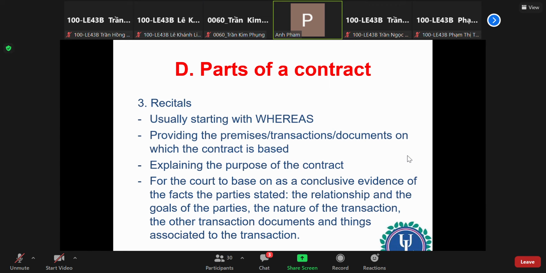If the other party failed to give me such contracts, I will look at the recital section, see which contracts I'm missing, and then ask the other party to give us more, right? So that's why the court will base on the recital to give judgments, because a lot of information about the transaction can be seen through the recital.